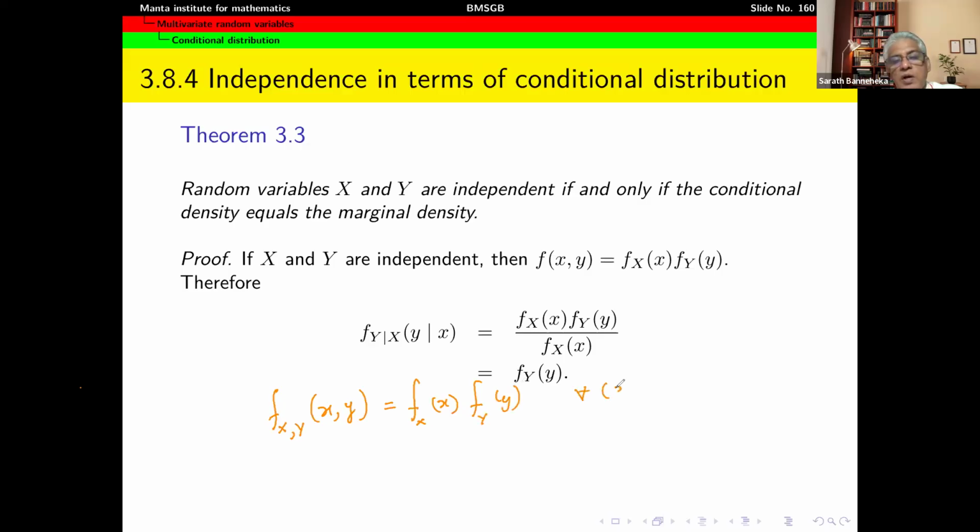For all x, y such that f(x, y) is greater than 0, right? And you can define the independence of two discrete random variables also in the equivalent form using the probability mass function. This is for the two continuous random variables, right?